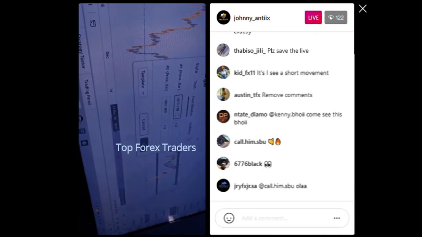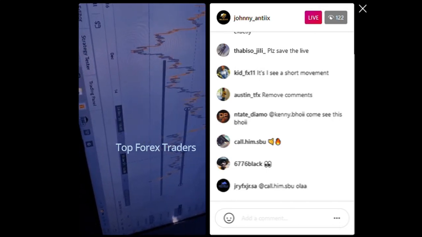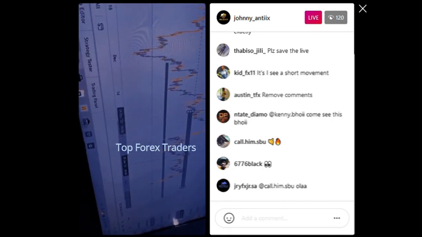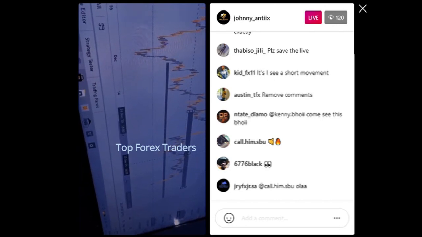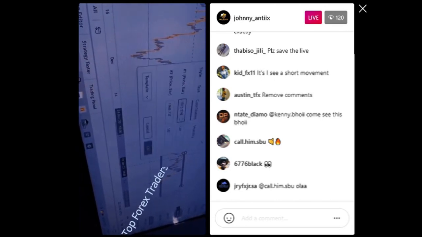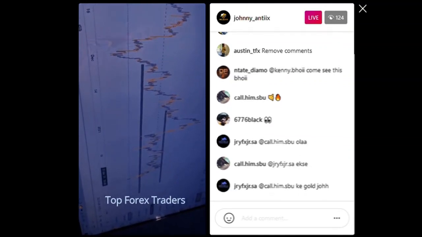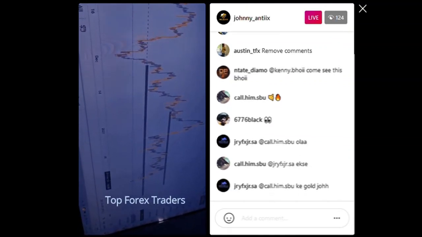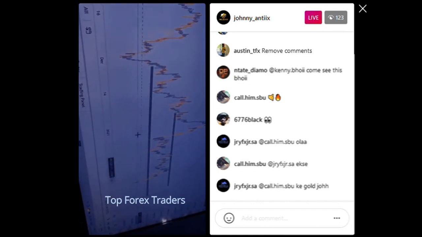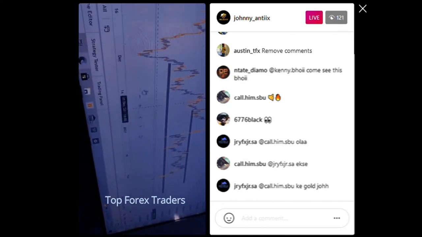Actually, let me put it up a bit. All right. We have another zone here, right? Whereby you have your resistance, you have your support level. Now this was the breakout on the support level, right?